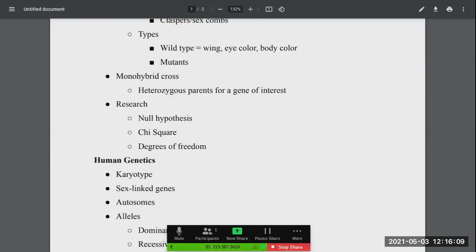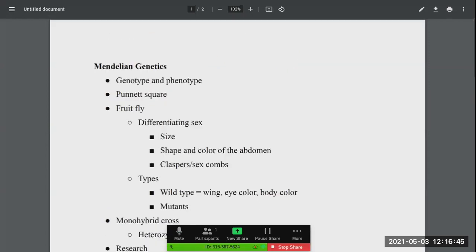That means chi-square is a test of difference between observed and expected frequencies. And when you talk about degrees of freedom in genetics, you just try to determine how many phenotypes of a single gene you have. After you determine the number of phenotypes, you subtract one, and that gives you the degrees of freedom. There is a lot of science behind it, but you don't need to know that, at least for this class. So that's all regarding Mendelian genetics.